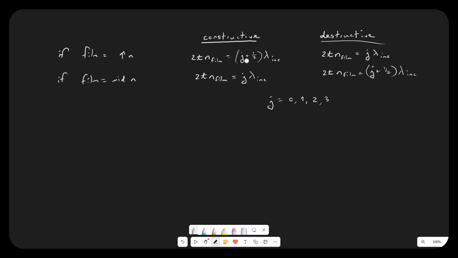I can plug in j equals 0 into that guy, but I can't plug j equals 0 into that one. I could rewrite the formula in terms of a j minus a half and then just have all the j's be 1, 2, 3, whatever. But this seems to be the way that is easier to remember, and we just have to make sure that we're not getting zeros.